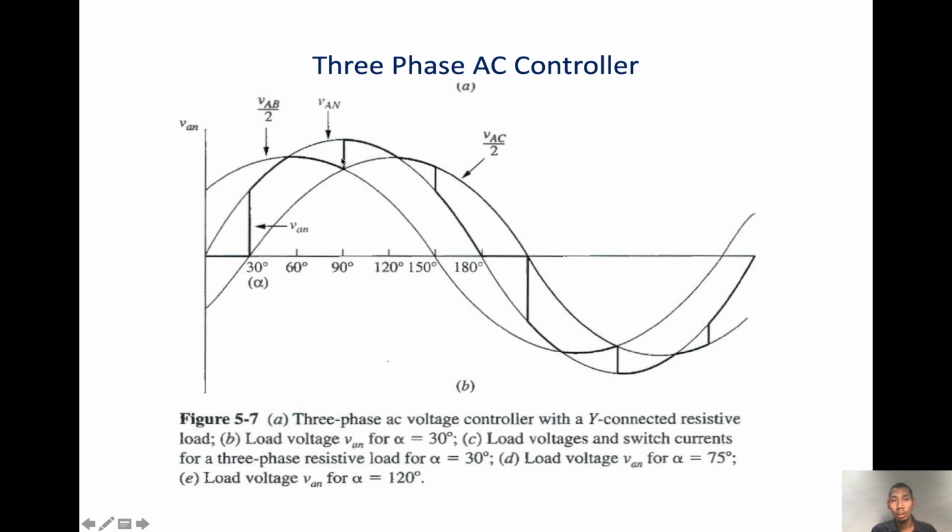At 90 degrees, in the trigger interval from here to here, there are three thyristors on, so you follow the phase voltage, this one, and up to 120 degrees there are only two thyristors on, so you follow the line to line VAC. Up to this point three thyristors are on again, so we go to the phase voltage, and once it reaches 180, all the thyristors that conduct positive are off and we have 0 voltage, and the process continues.